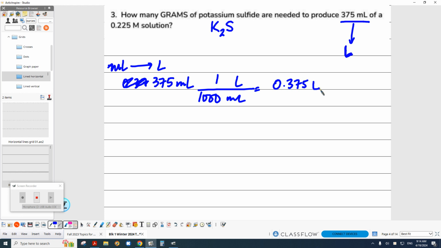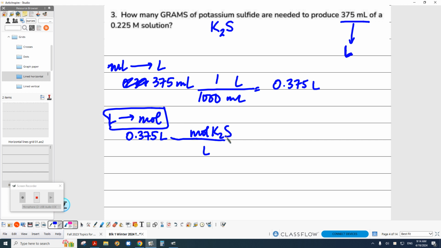And now we can convert those liters to moles. I definitely taught you about this conversion. Liters to moles conversion using molarity as a conversion factor. 0.375 liters. Put liters on the bottom and moles on the top. And we're talking about potassium sulfide.